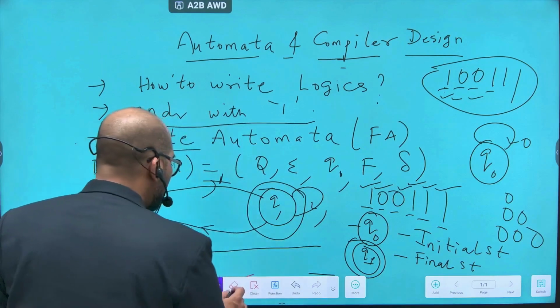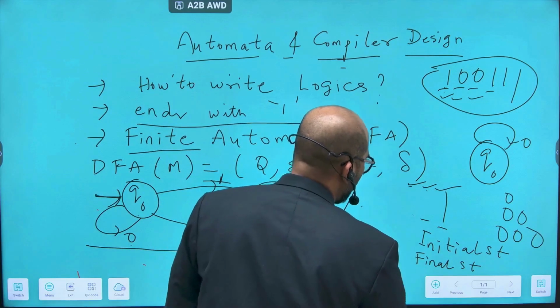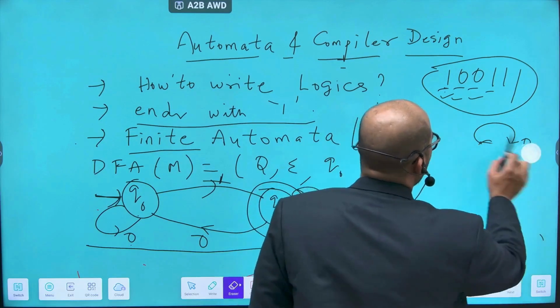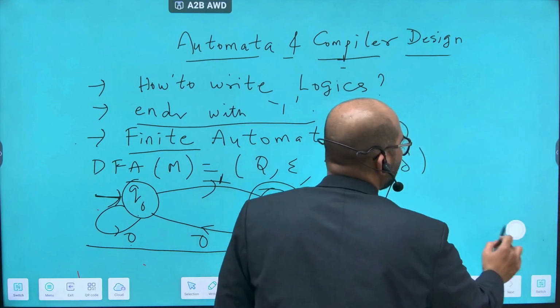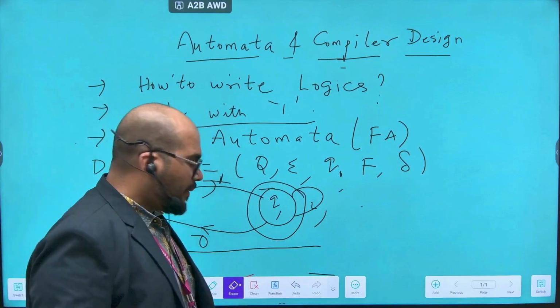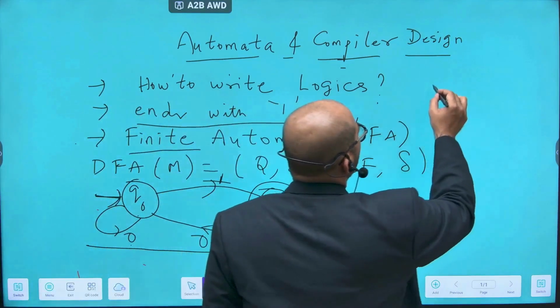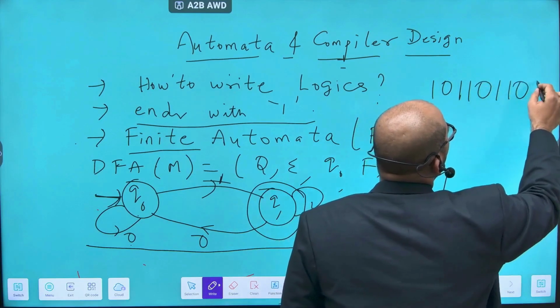Let me take one more simple example for the same machine, with more input symbols, like 1 0 1 1 0 1 1 0 1 1 1.